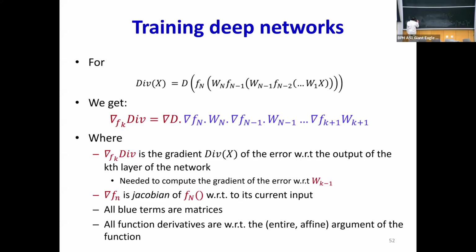It has f prime of z1, up to f prime of zn on the diagonal, and the rest will be 0. That's what the Jacobian matrix is going to look like. And what about these values? What are these?